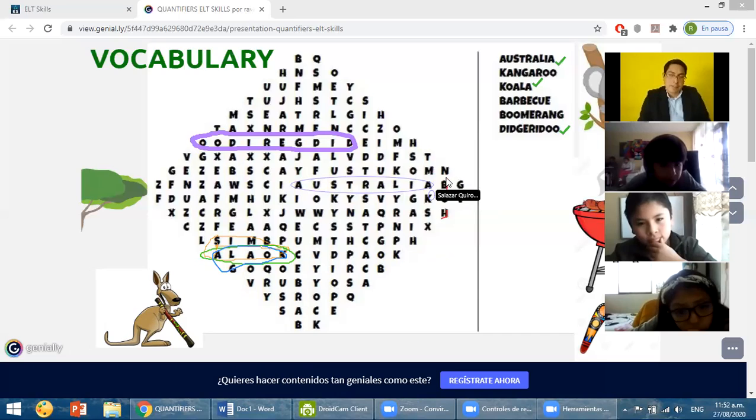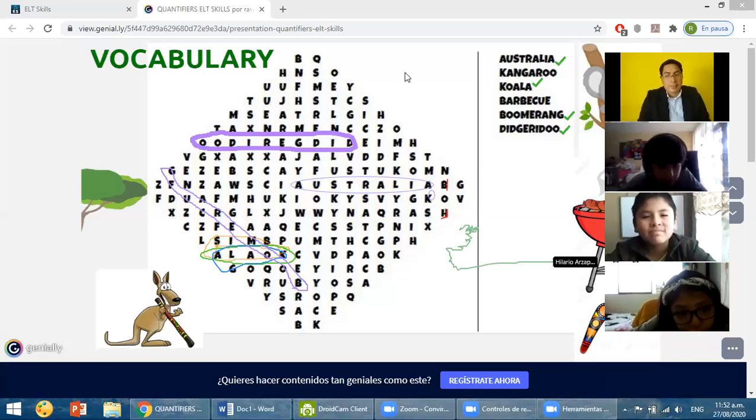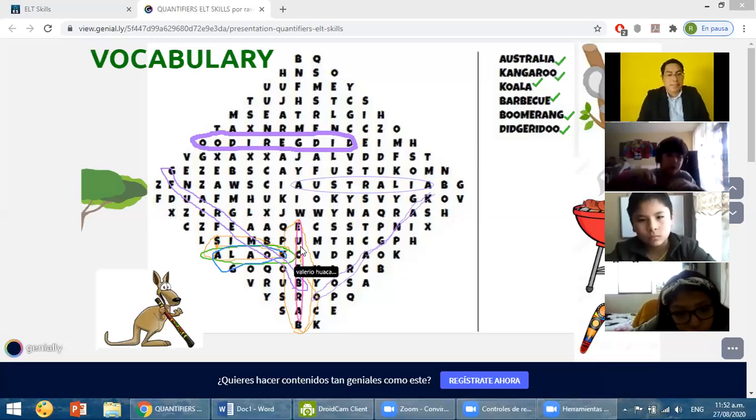Okay, let's see. Bow. It's not bow. Boomerang. The word is boomerang. Very good, Kayler. Boomerang. Good. You need to practice more. Kangaroo, very good. And barbecue, excellent. Camila, thank you. Giampiero, good. Okay, this is the vocabulary we are going to use, okay?